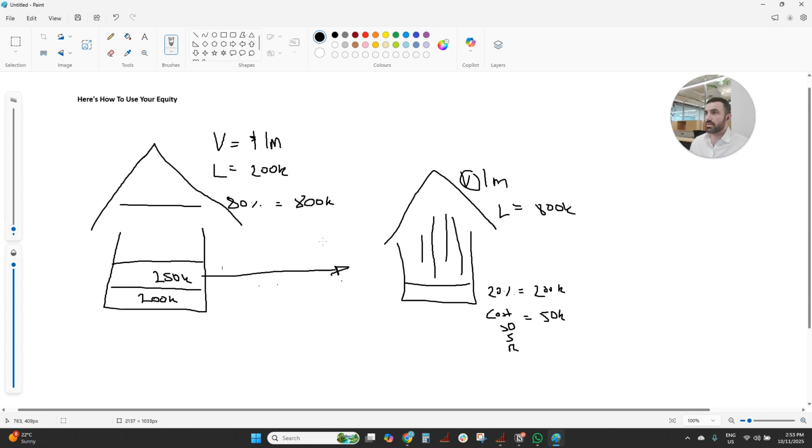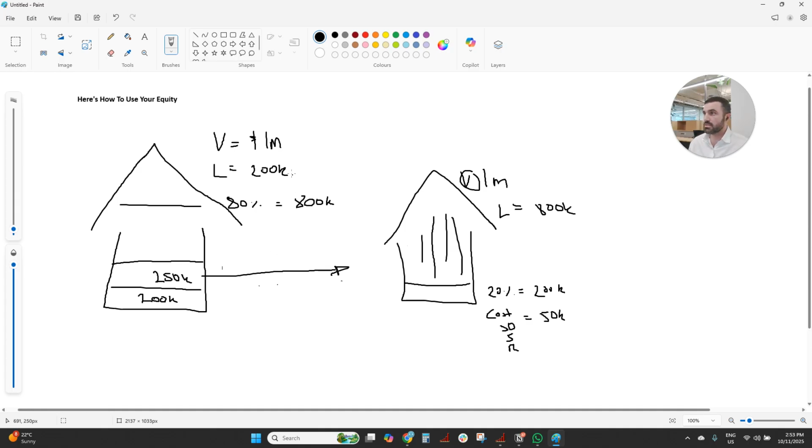Now, the reason why people do this is because they're trying to increase the amount of assets that they own. And if you go off long-term historical figures for the property market, they're chasing growth or they're looking to build up a portfolio. So I'll show you what that means.